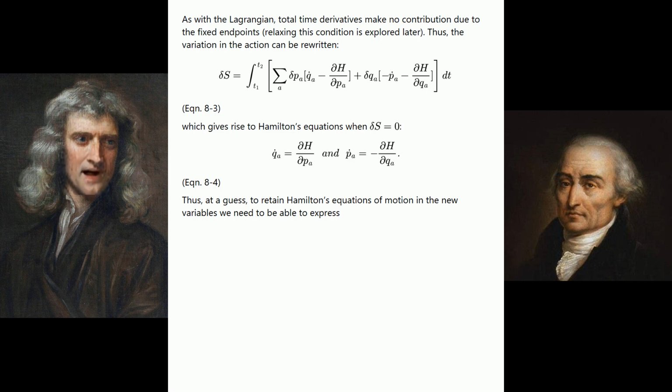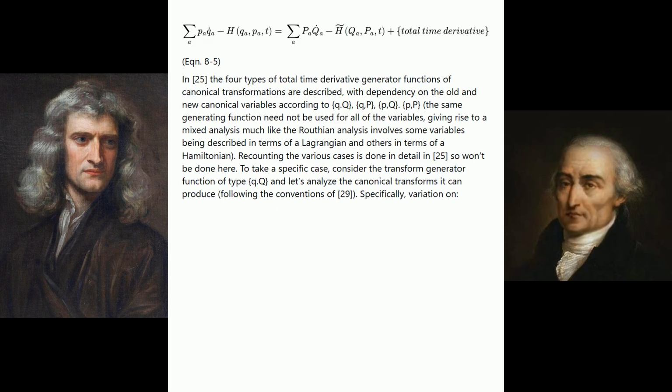See equation 8-4. Thus, at a guess, to retain Hamilton's equations of motion in the new variables we need to be able to express. See equation 8-5. In reference 25, the four types of total time derivative generator functions of canonical transformations are described, with dependency on the old and new canonical variables according to q,q; q,P; p,Q; p,P.